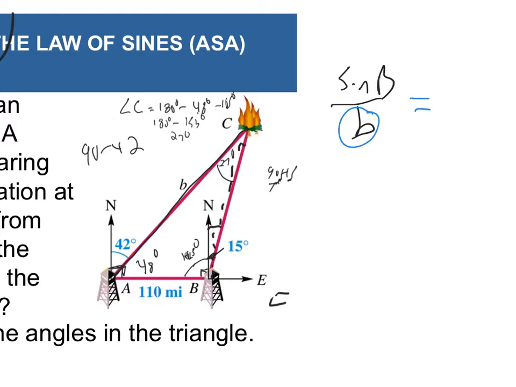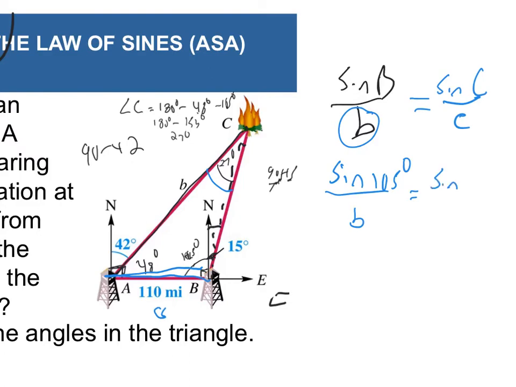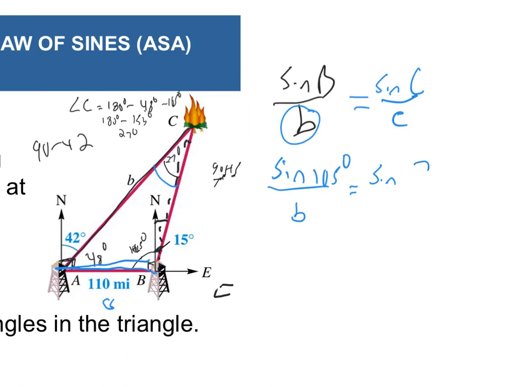Well, I have this measurement, side C, and I have angle C. So sine of 105 degrees over B, which is what I don't know, equals sine of 27 degrees over C, which was 110 miles.